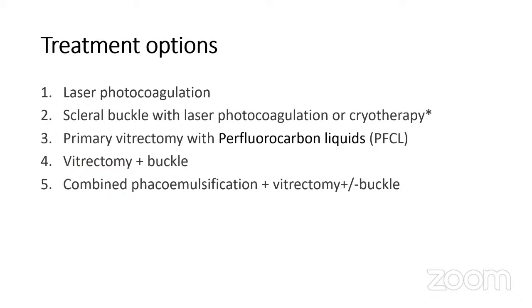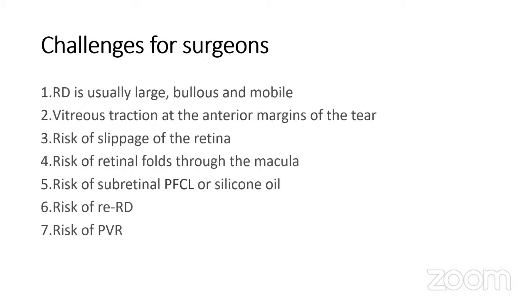The treatment options are laser photocoagulation, or encircling scleral buckle with laser coagulation plus or minus cryotherapy, or PPV with the insertion of perfluorocarbon liquids, or vitrectomy with the buckle, or if we need to take out the lens, then a combined phacoemulsification with lensectomy and vitrectomy.